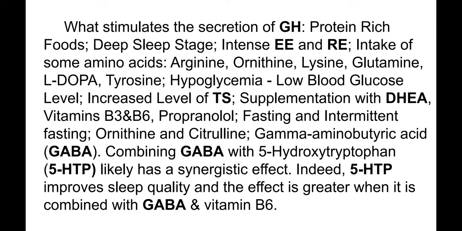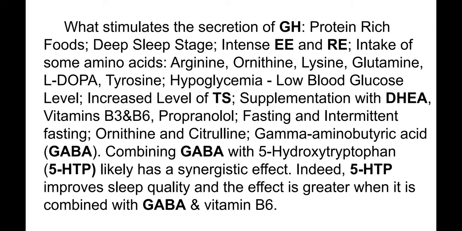Please read it yourself, my pronunciation is awful, sorry. Gamma aminobutyric acid, GABA, is very, very important. Combining GABA with 5-hydroxytryptophan, known as 5-HTP, likely has a synergistic effect on the release of growth hormone.